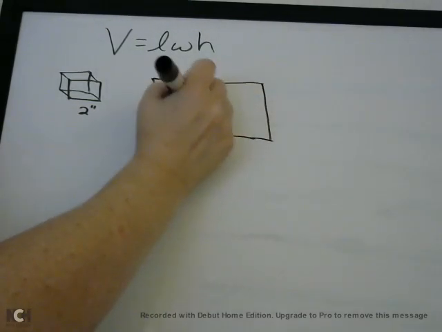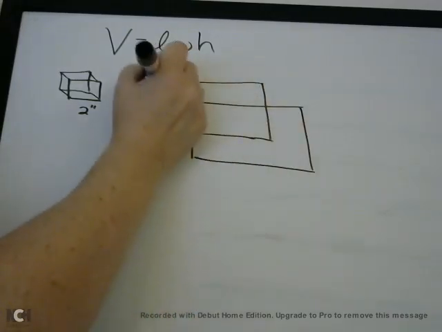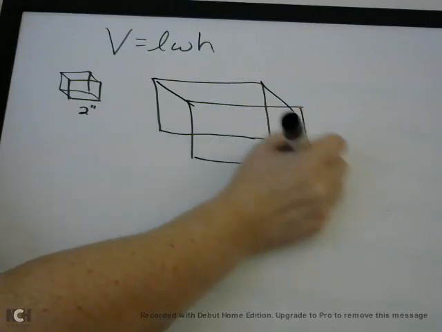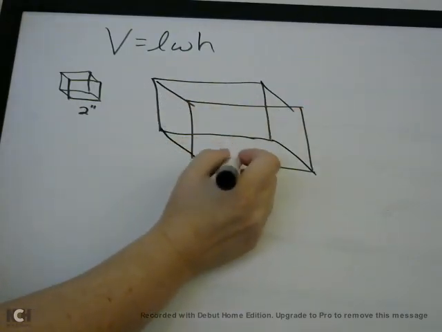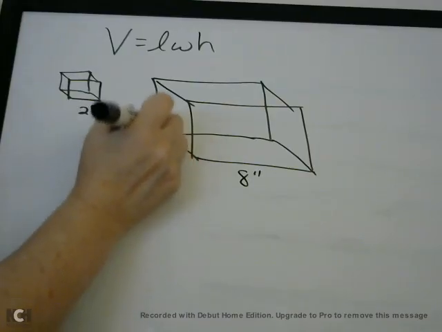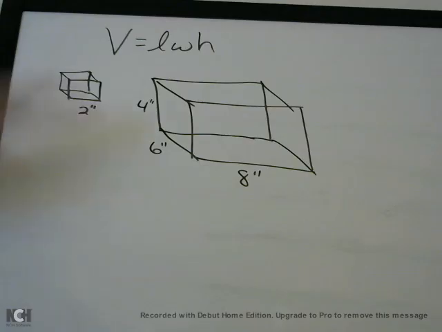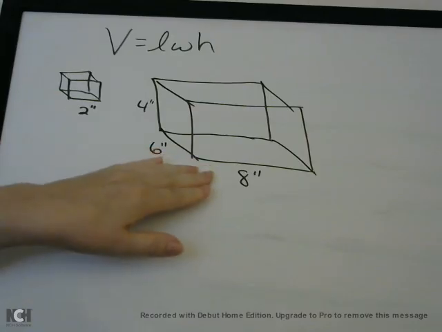And the toy box, we're going to say, is 8 inches by 6 inches by 4 inches. So again, not drawn to scale, but just look at the numbers. And the question is, how many of these little blocks can fit into the toy box?